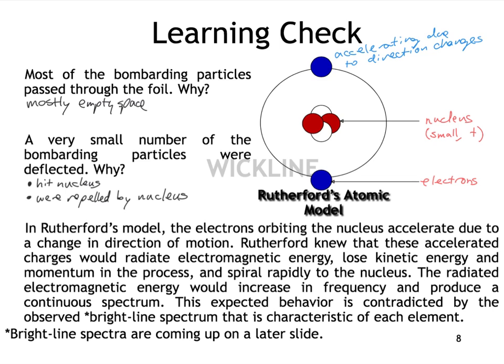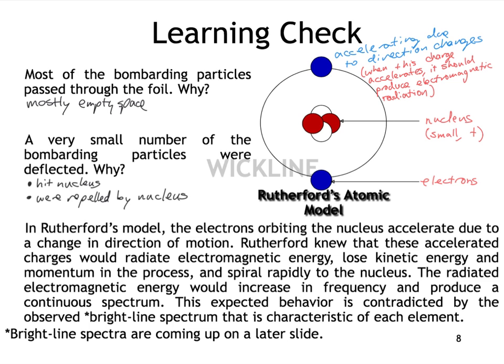In previous lessons, we've learned that when charges are accelerated, they produce electromagnetic radiation, and that the production of electromagnetic radiation should sap the electron of energy over time, because it would be losing energy through the waves that it's producing.